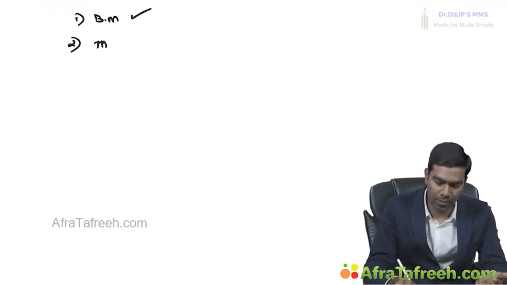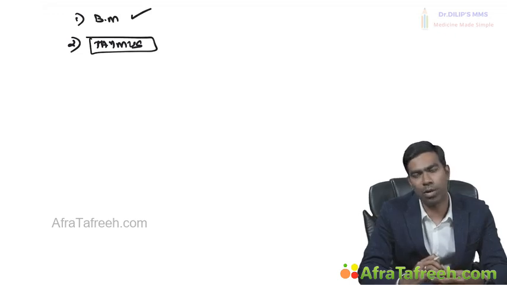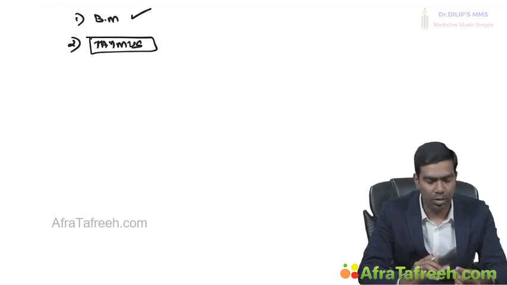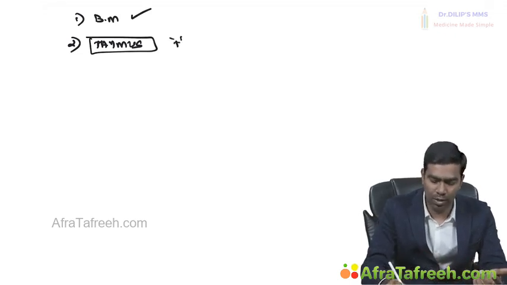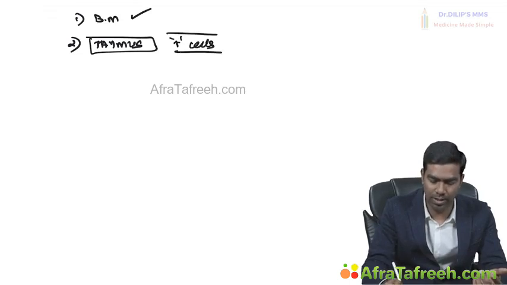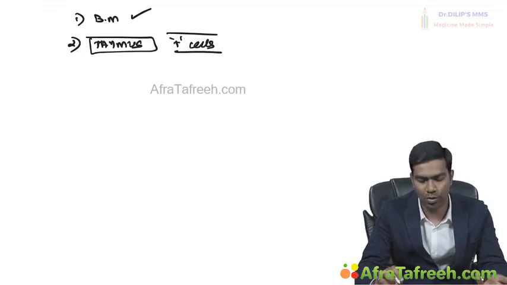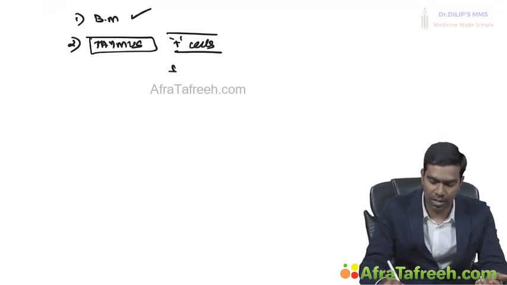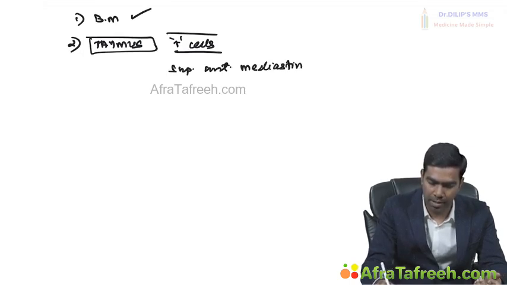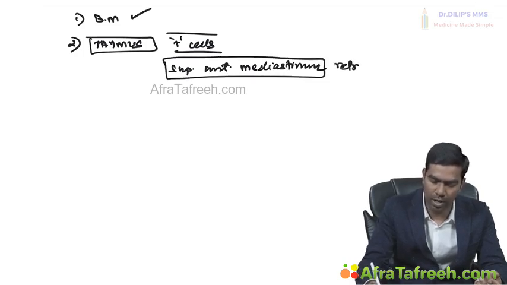The second thing is the thymus. The thymus is a very important primary lymphoid organ, which is the place where you generate the T cells. These are the T cell factories. Typically, the thymus is located in the superior and anterior mediastinum, or simply you can call it retrosternal and pericardial.